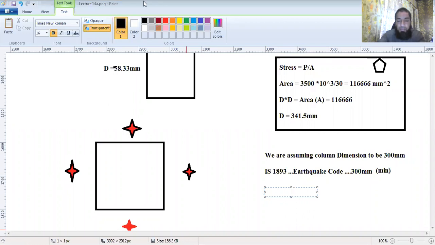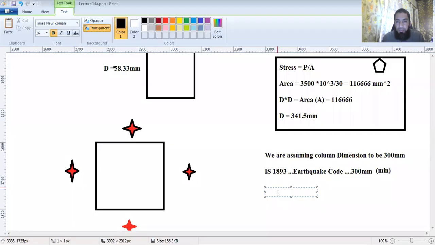That is 11.8 inch, around 0.98 feet. So 300 mm is around 11.8 inch, which is around 0.98 feet.